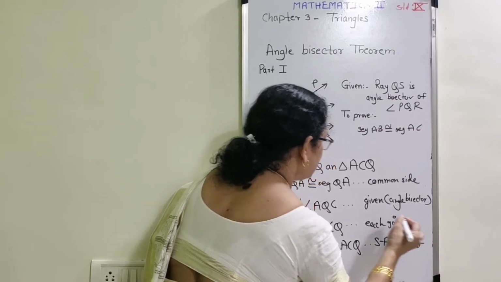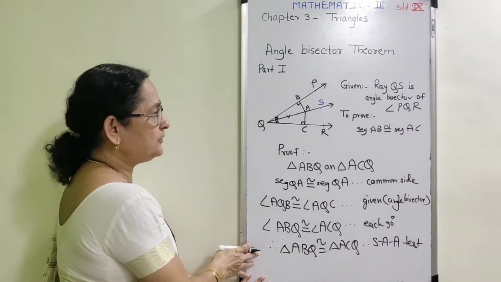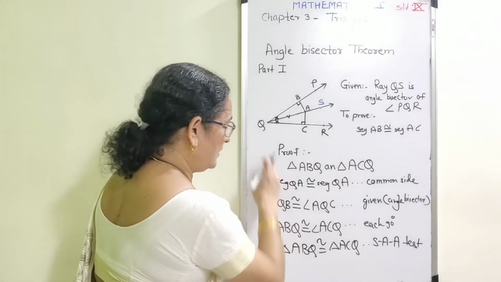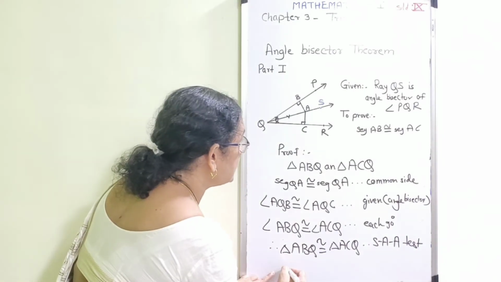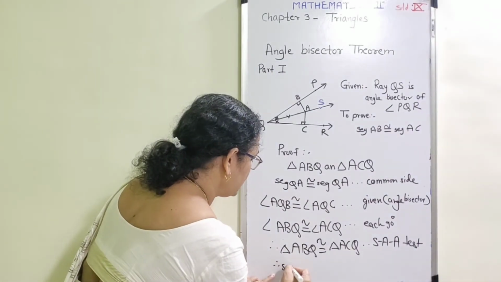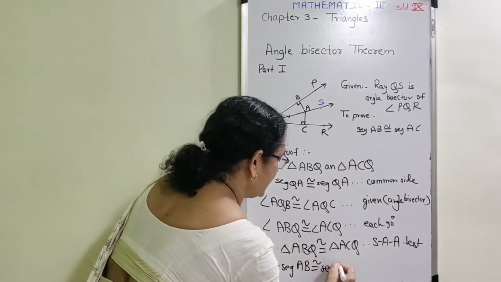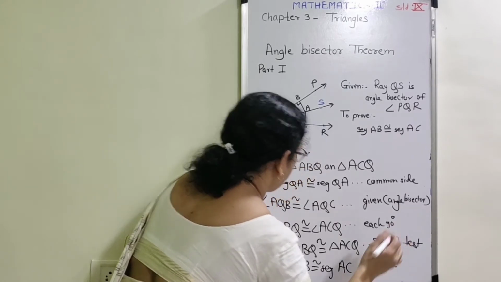Proof of this theorem is not included in our textbook. Also, no need to write it, but study from this board that I have mentioned the entire proof. Now the last step, therefore, segment AB is congruent to segment AC, corresponding sides of congruent triangles.